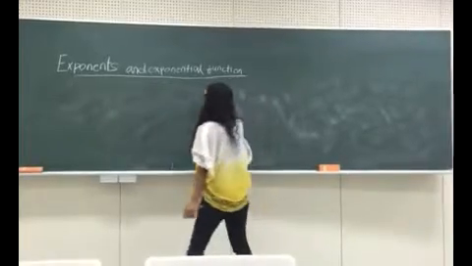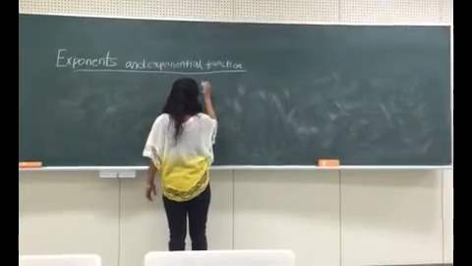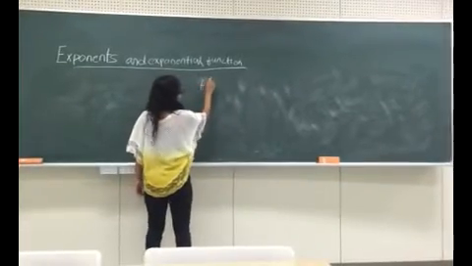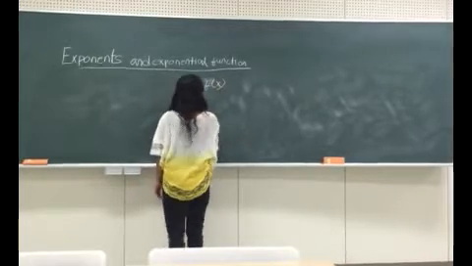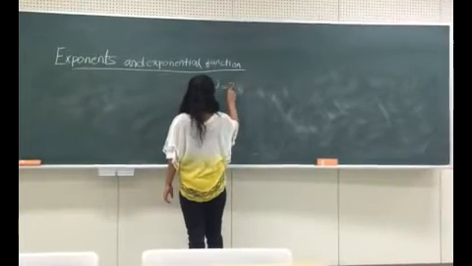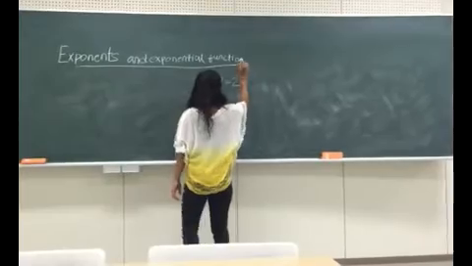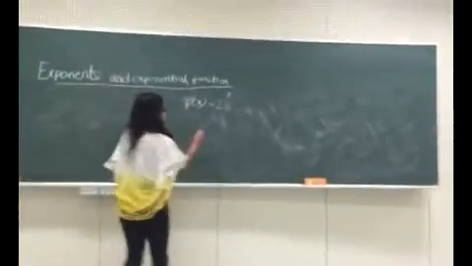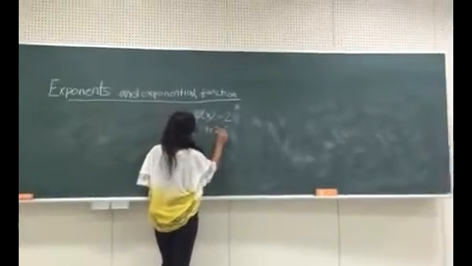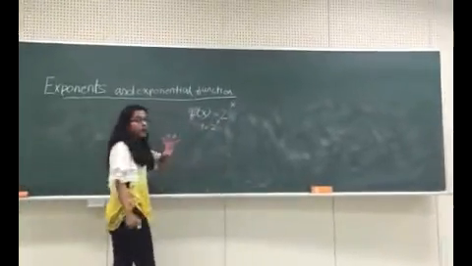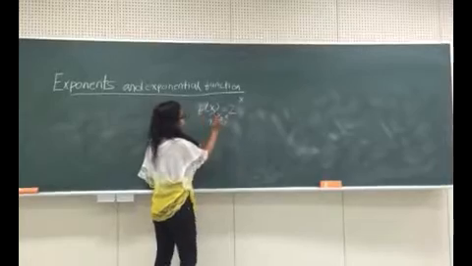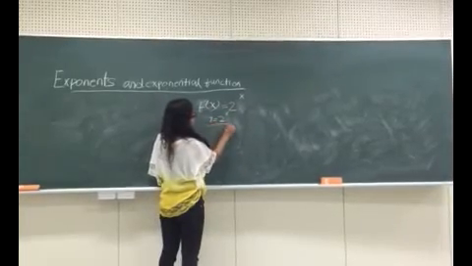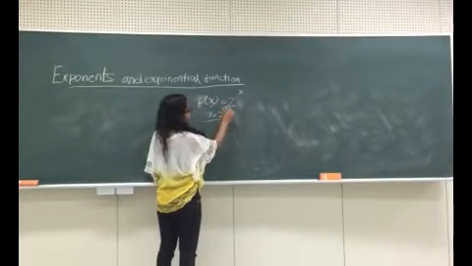For example, f(x) is equal to 2 to the power x. Let's take this as the example. Let's write y equals 2 to the power x. So what I meant before was that an exponential function is a function where x has to be in the exponent.